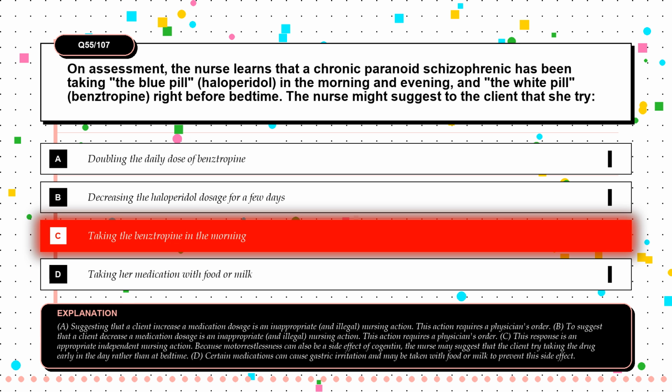C. This response is an appropriate independent nursing action. Because motor restlessness can also be a side effect of Cogentin, the nurse may suggest that the client try taking the drug early in the day rather than at bedtime. D. Certain medications can cause gastric irritation and may be taken with food or milk to prevent this side effect.